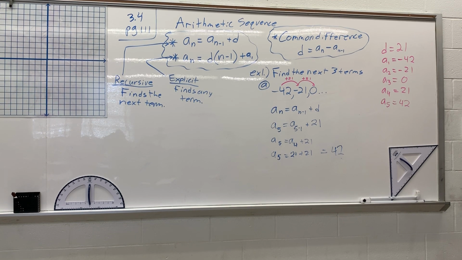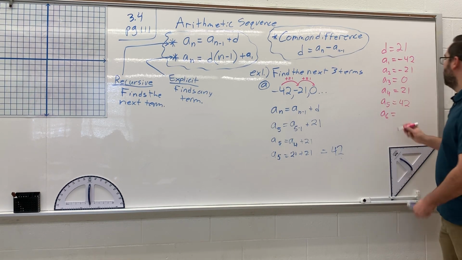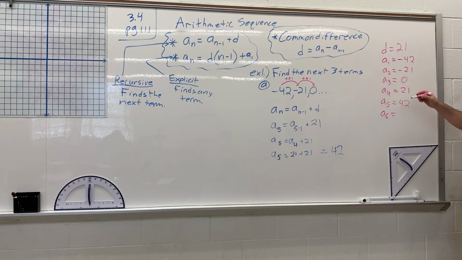All right, now I want the next 3 terms, so what else do I need to find? So I already knew this stuff here. These were given. This is what I'm trying to find.